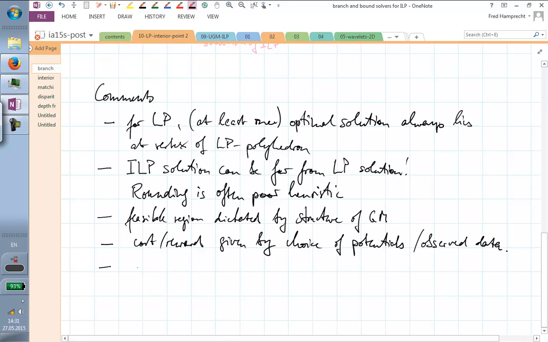And generally speaking, solving an LP, so a convex problem, is easy. And solving an ILP, or a non-convex problem, this can be extremely hard.